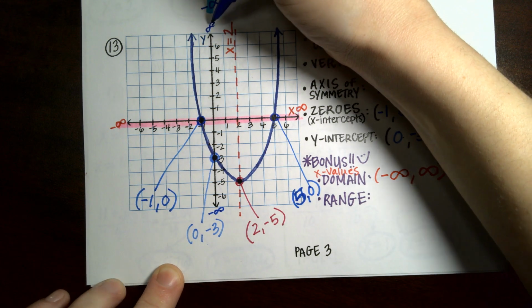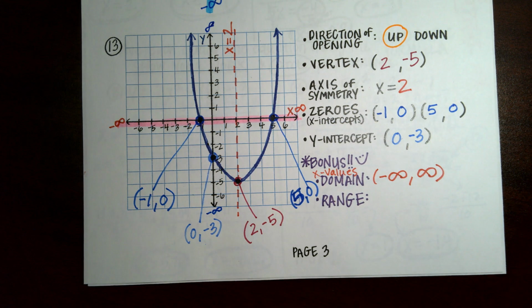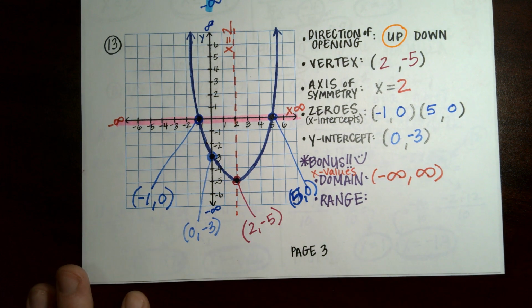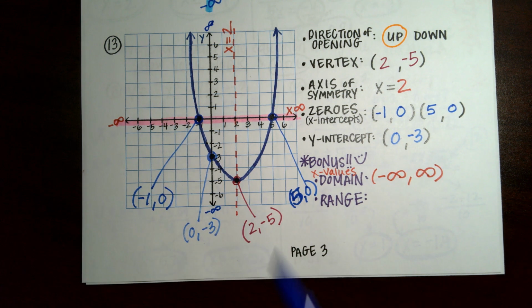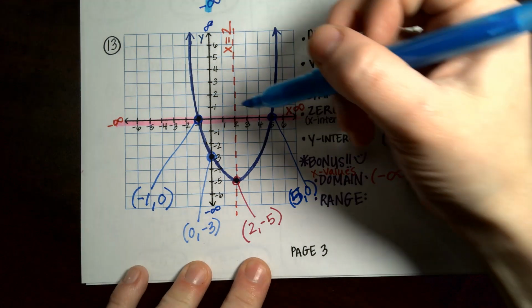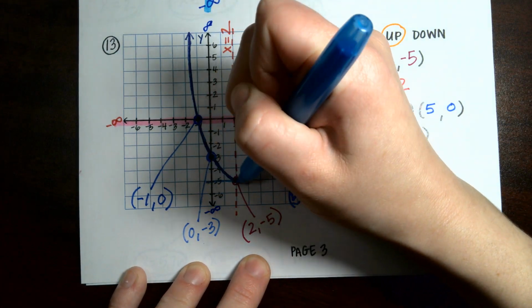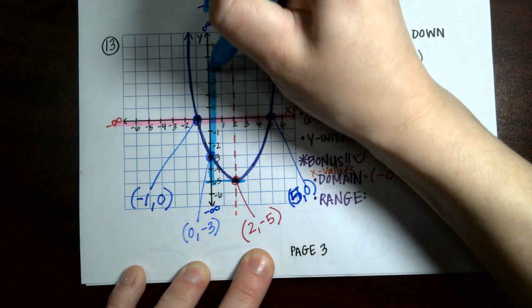This time, for your range, what's our lowest y value? Michael, you just said it. Negative 5. We've got -5 down there. That's the lowest point in the y direction, so -5 is that boundary.